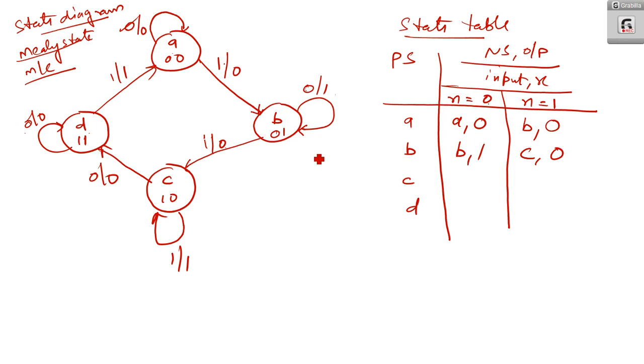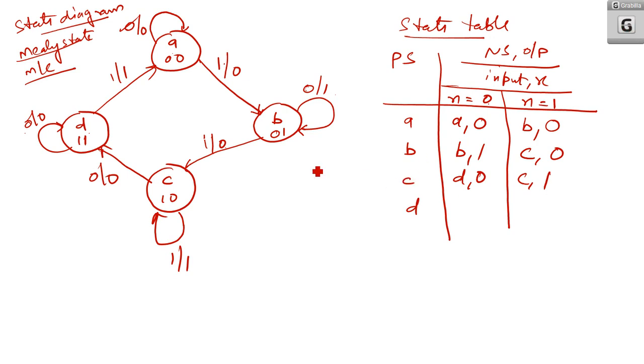Now coming into C. If C is the case and if input is 0, you are going into D. But what is the output? Output is 0. So you can write it as D comma 0. Now when my state is C, my input is 1. It is coming back to C with output 1. So it is C comma 1.